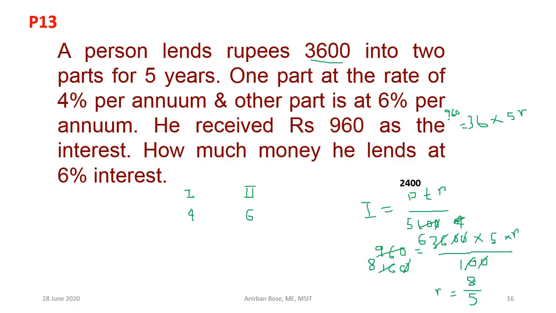So 960, so with 6, 160. Okay, so now you just do it by 2, it will be 3, this will be 80.